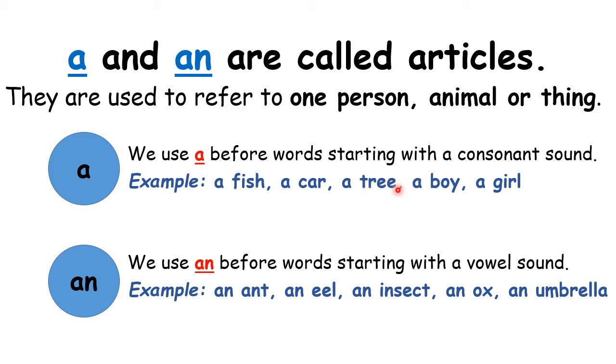Am I right? Yes. So we have 5 vowels in the alphabet. All the other letters are consonants. And if it starts with a consonant, we use a, like a fish, a car, a tree.